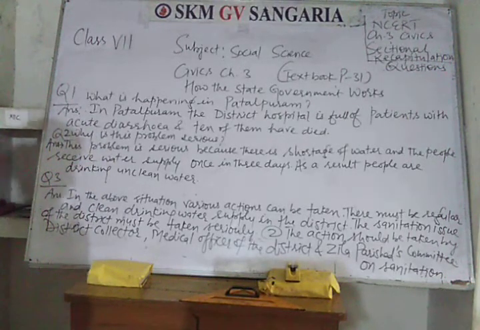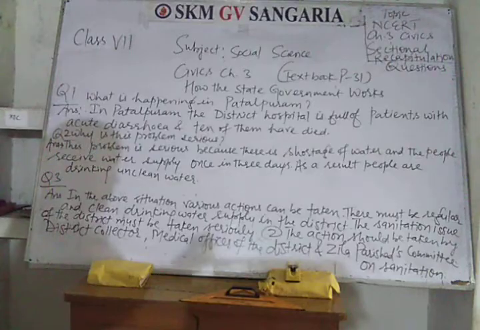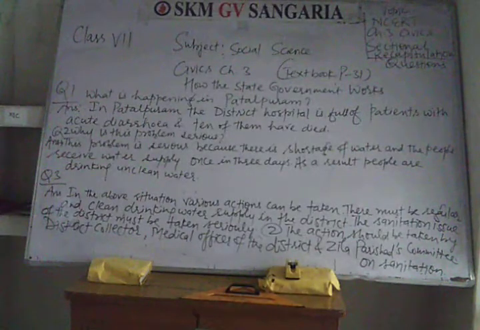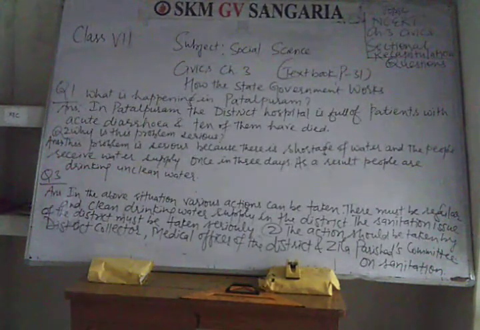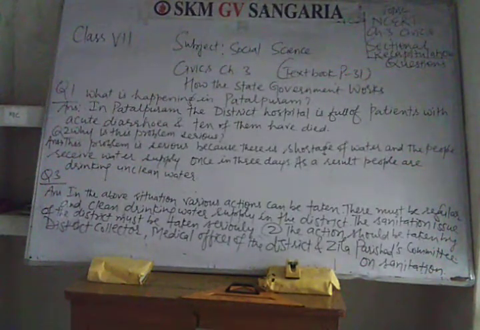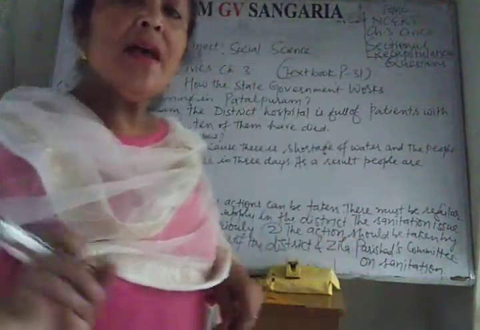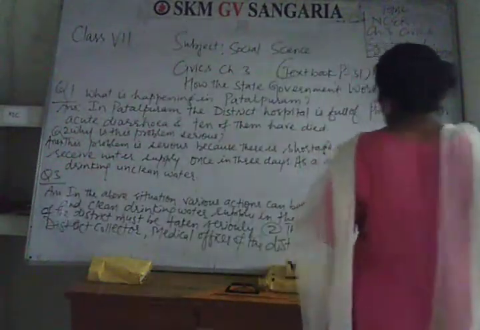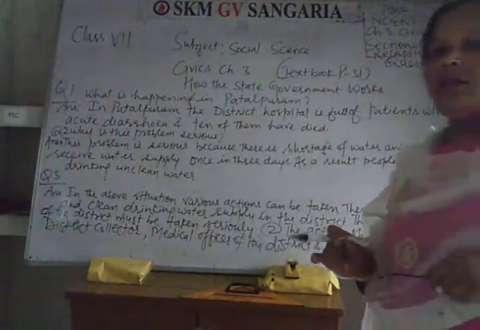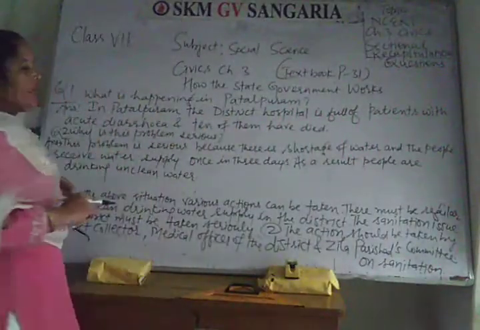Then third question, question number 3 at page number 31, Civics NCERT book. What action do you think can be taken in the above situation, and who do you think should take this action? Discuss. In the above situation, various actions can be taken. There must be regular and clean drinking water supply in the district.